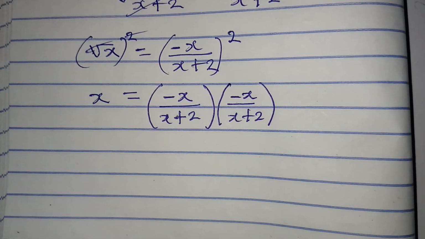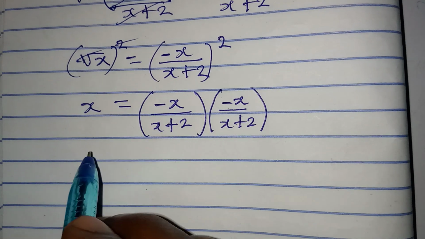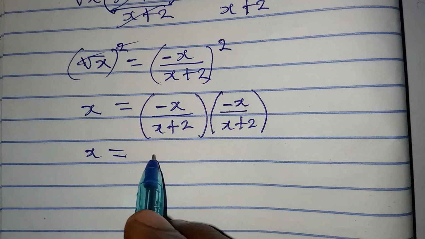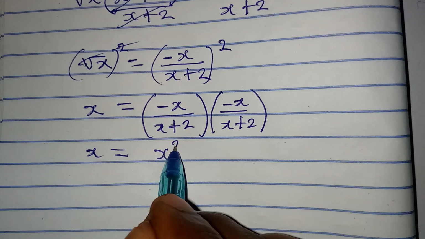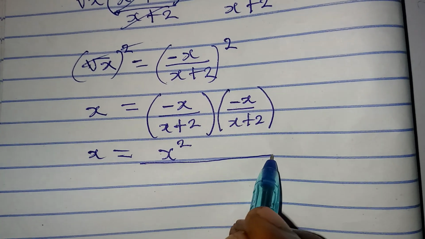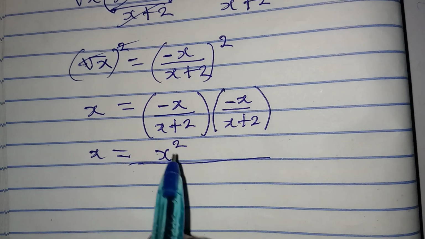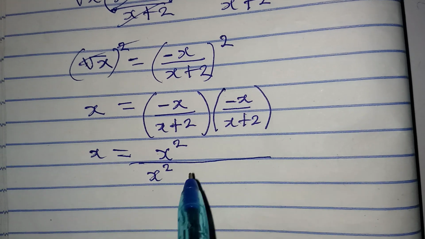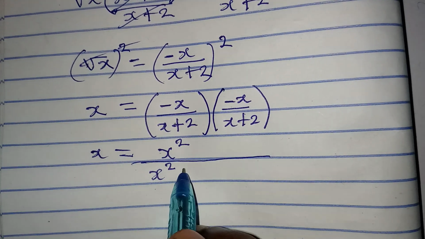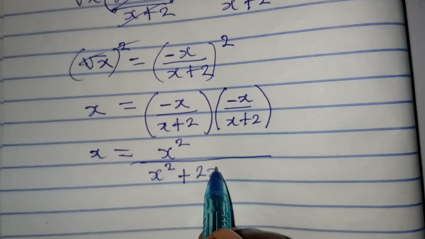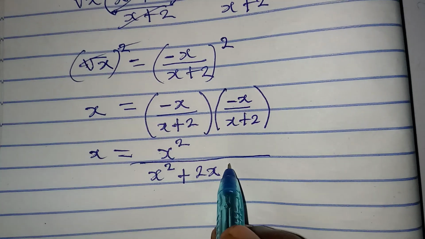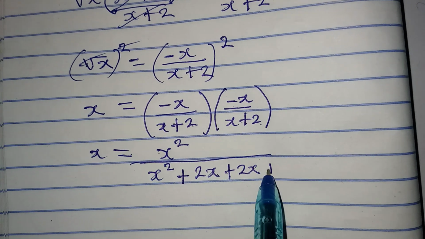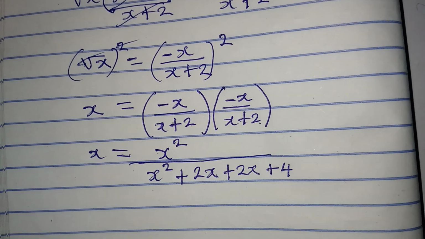Okay, and now let's multiply. X will be equal to minus x times minus x will give us x squared, and this will be over x times x will give us x squared, and then x times 2 will give us plus 2x. 2 times x will give us plus 2x, and 2 times 2 will give us positive 4.